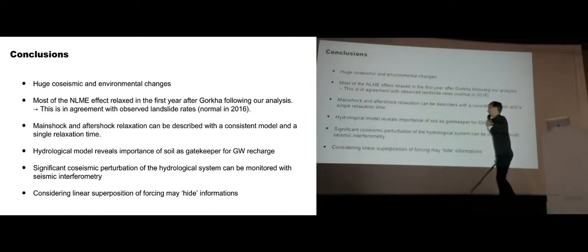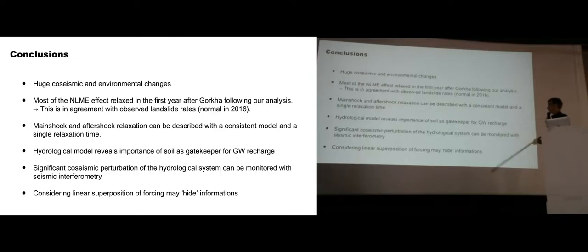The main shock and aftershock relaxation can be described by a consistent model with a single relaxation time, given this model with the superposition of relaxation times. The hydrological model shows that the soil is a very important agent in this hydrological system, with strong implications for water supply.